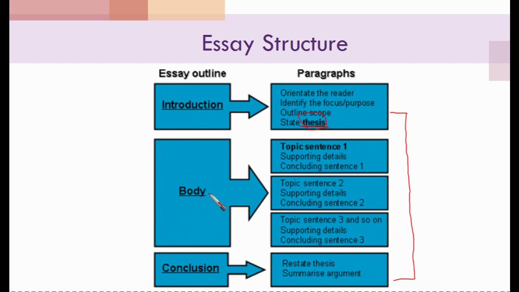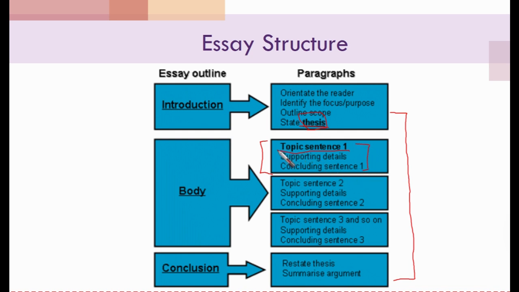Next one is body paragraphs. There are usually 3 to 5 body paragraphs, and we keep practicing writing 3 body paragraphs. That means we also have 3 topic sentences, because in each body paragraph, there is 1 topic sentence. A topic sentence is about what the body paragraph is going to talk about.